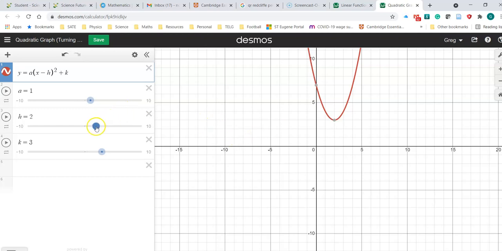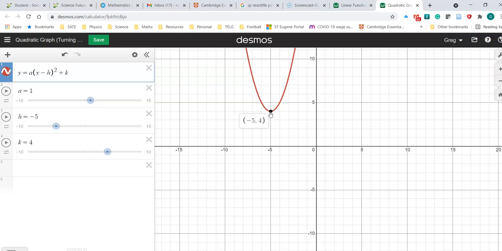What if I made H negative 5 and I made K 4? Any significance between those two and anything on the graph? So what does that make H and K?